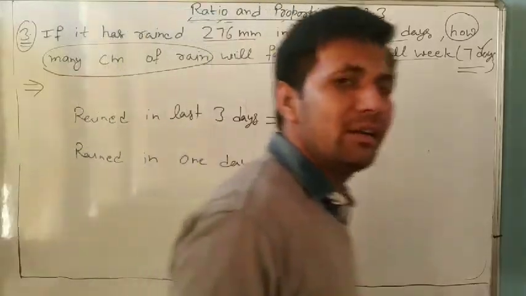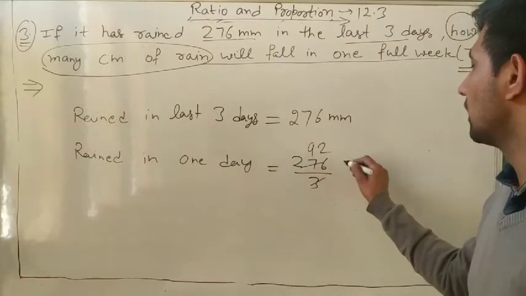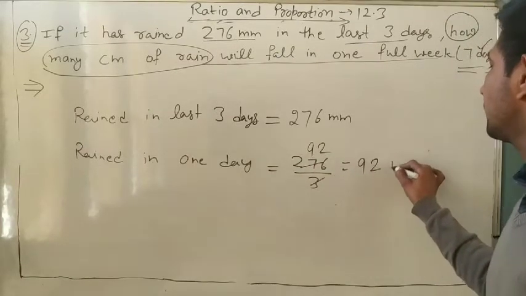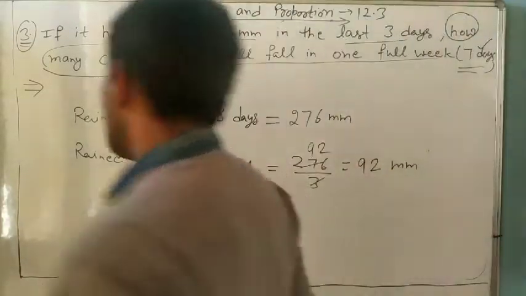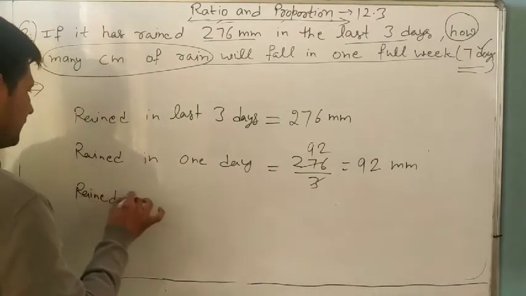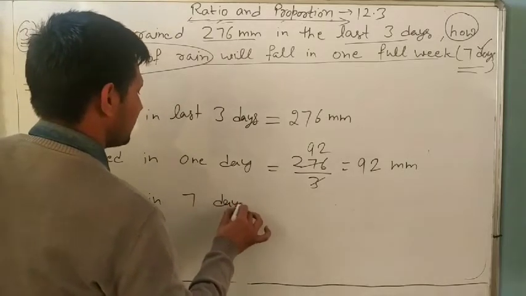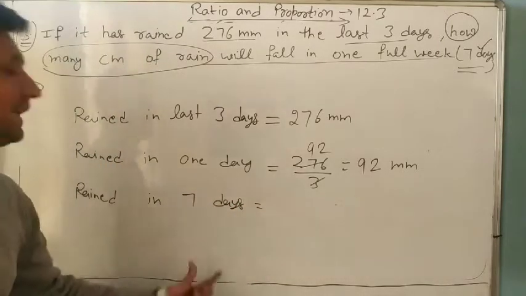Either you can find it by cutting here 3. 9 threes, 2 threes. So how much rain in 1 day? 92. But we want to find the rain in 7 days, in 1 week. In 1 week how many days? 7 days.